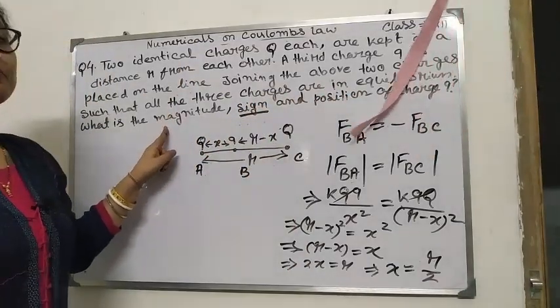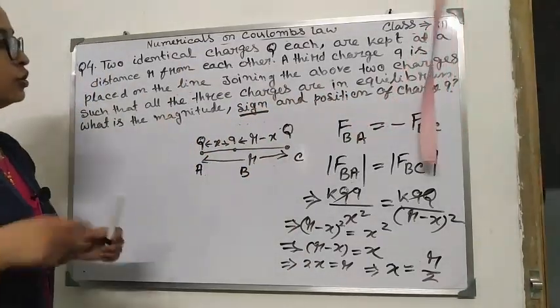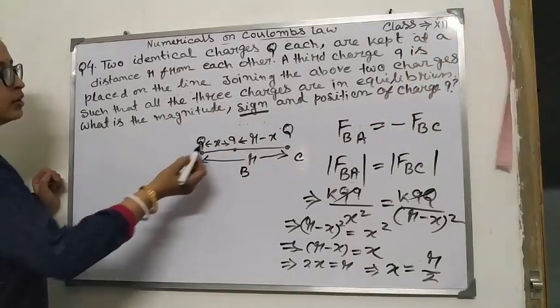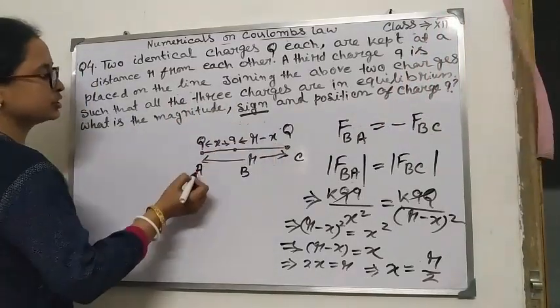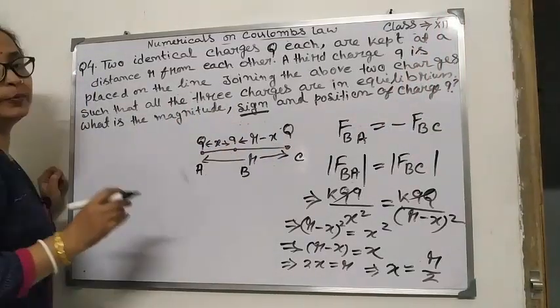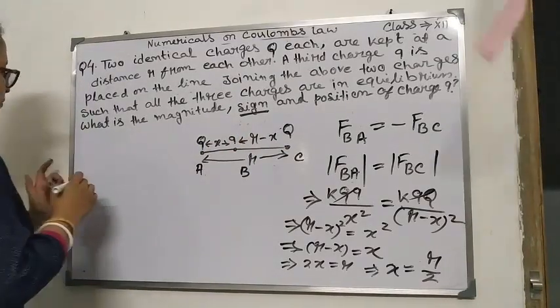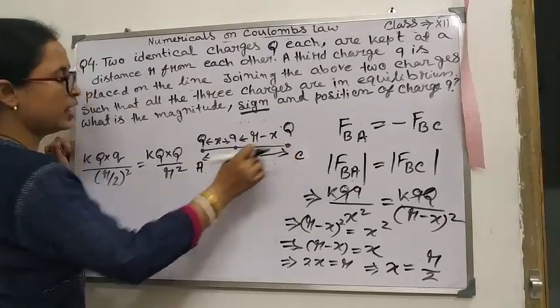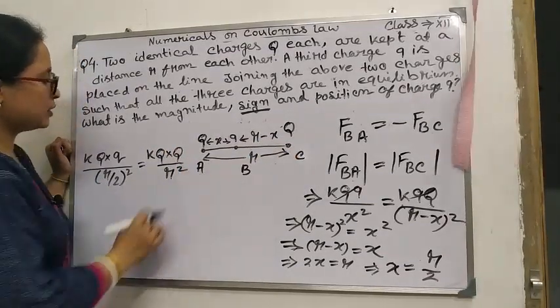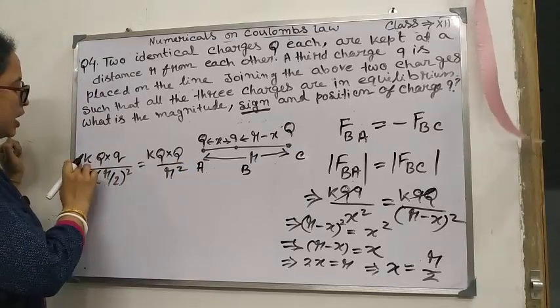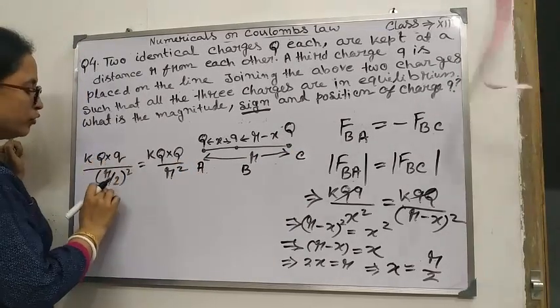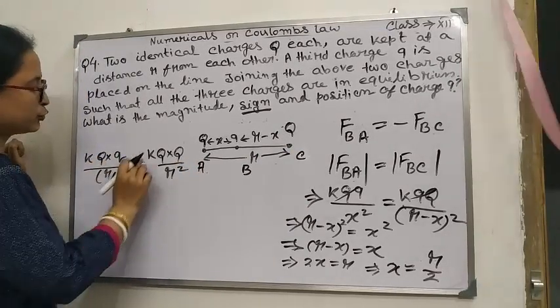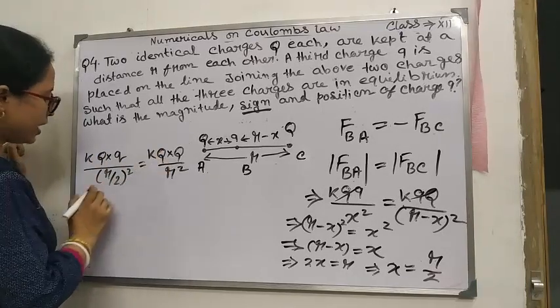We have already found the sign as well as the position. Now let us find the magnitude of the charge. The force between these two charges and the force between these will be equal. As the force between A and C is equal to the force between A and B, we can write K into q divided by r by 2 whole square equals K into Q by r square.